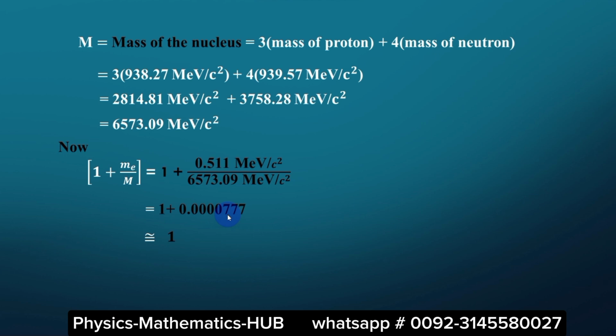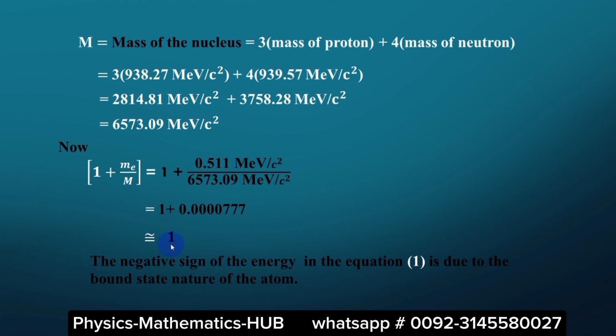Simplifying this, we get approximately equal to 1. The negative sign of the energy in equation 1 is due to the bound state nature of the atom. Or we can say that the states with negative energy correspond to bound states.